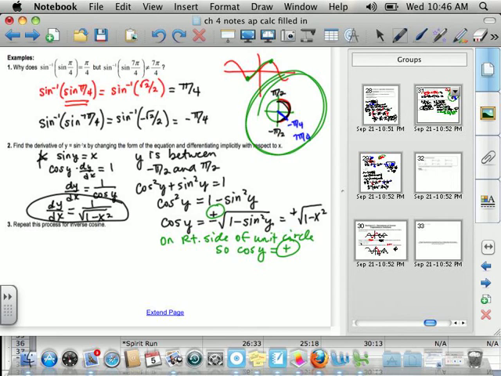So let's repeat the process for cosine. We have cosine of y equals x. The derivative of cosine is negative sine, so I have negative sine of y dy over dx equals 1. So I get 1 over negative sine y, so negative 1 over sine y.